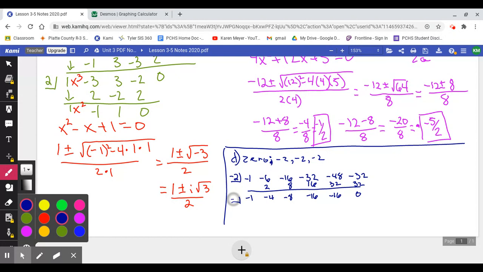So now we're going to do synthetic division again. And then I got remainder of 0. So one more time, I'm going to do synthetic division.